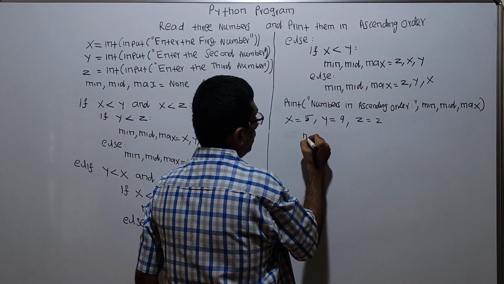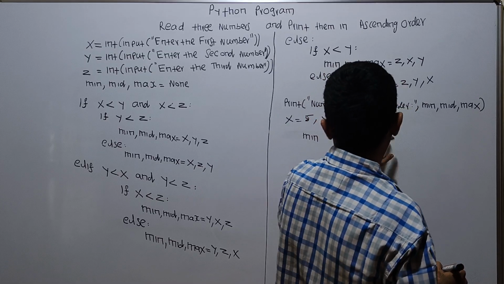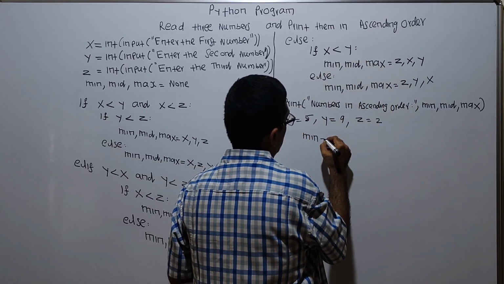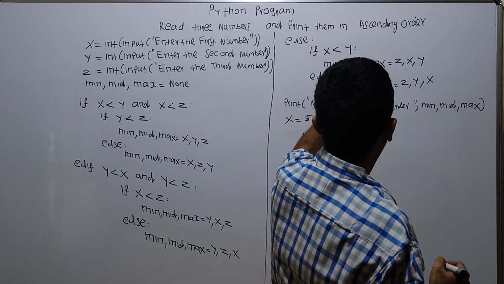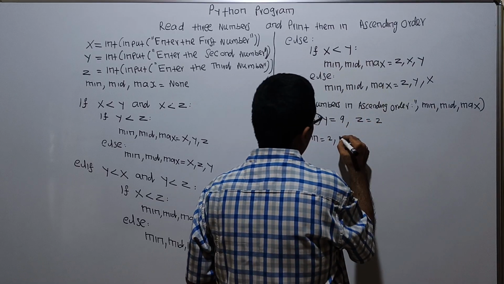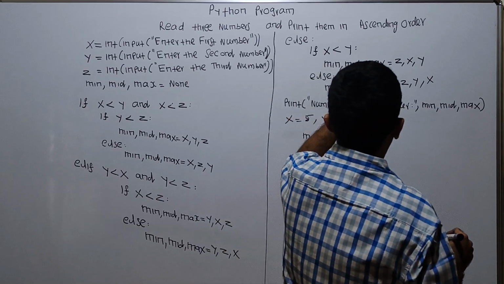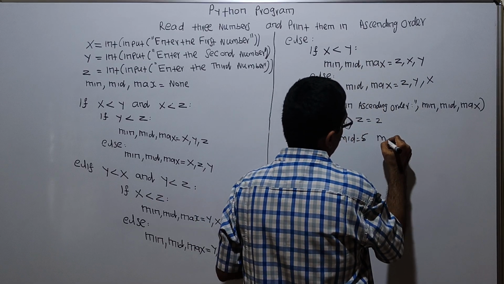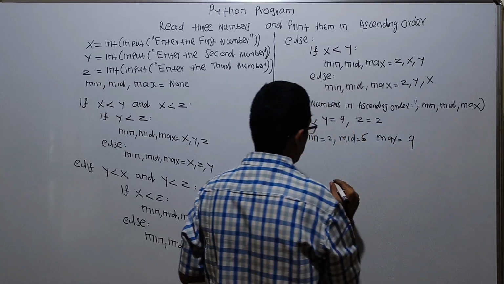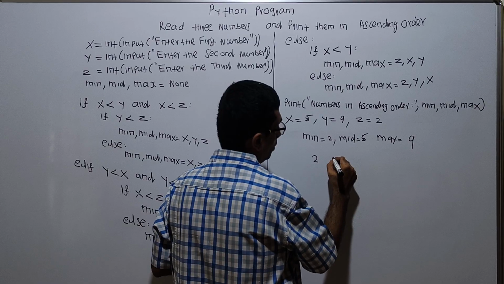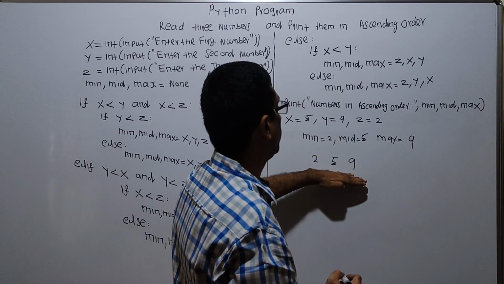Here the value of min is z. What is the z value? 2. Min equal to 2, comma, second value mid equal to x. So mid equal to 5 and max equal to y, 9. So I am getting output 2, 5, 9 in the print statement. The numbers are ordered in ascending.